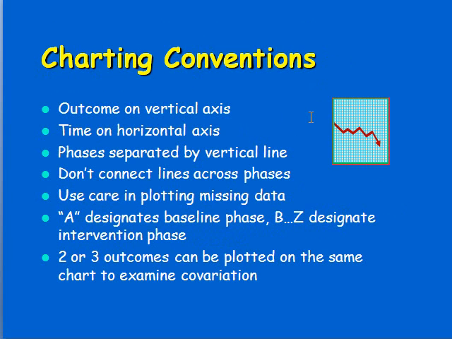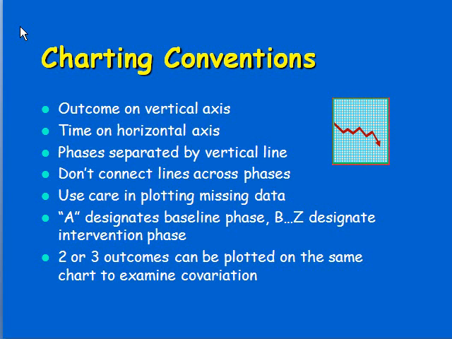Charting conventions, just want to go, you can see in your book examples of some A-B designs. You'll always see that the outcome is graphed on the vertical axis. This is where I want to draw on the board. The time on the horizontal axis, so if that's daily or weekly, you would indicate that on the horizontal axis.